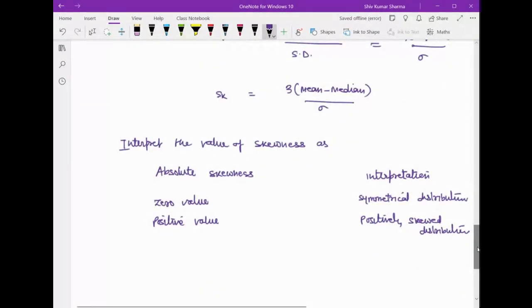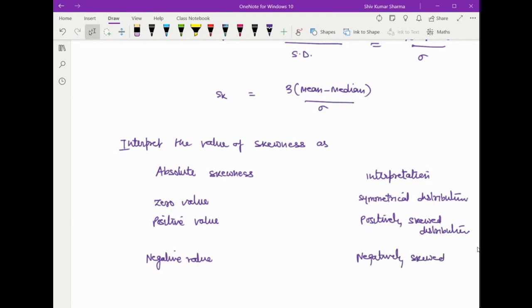And third, if it provides a negative value, it means a negatively skewed distribution.